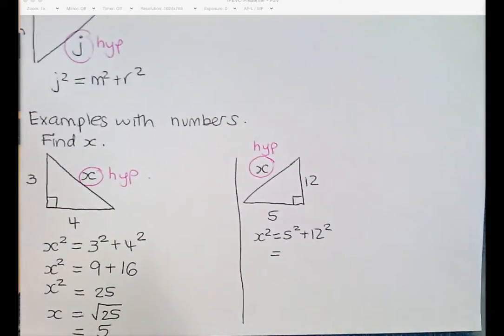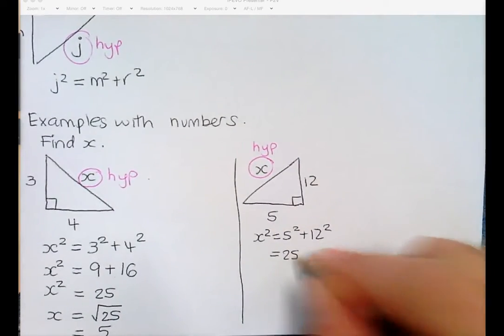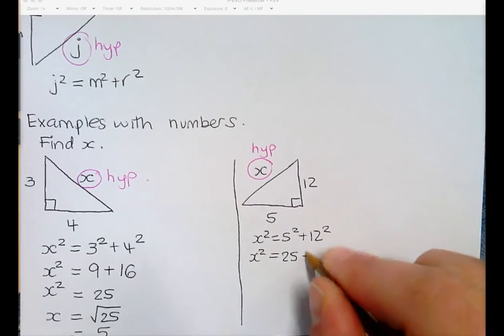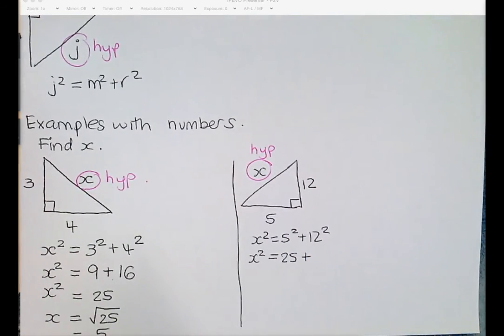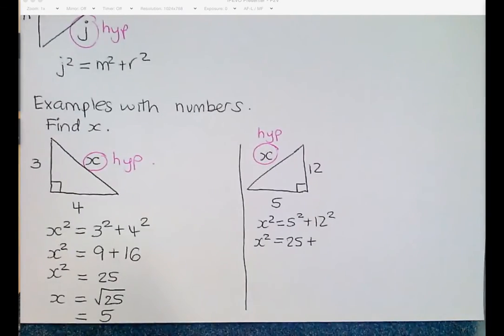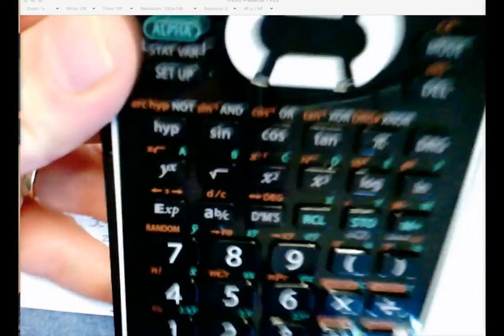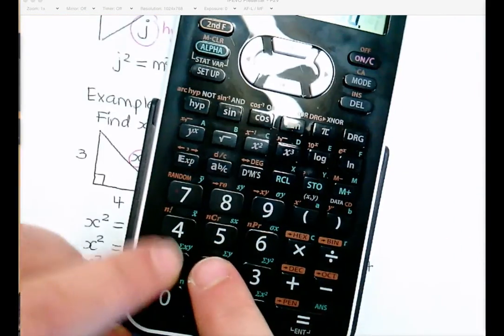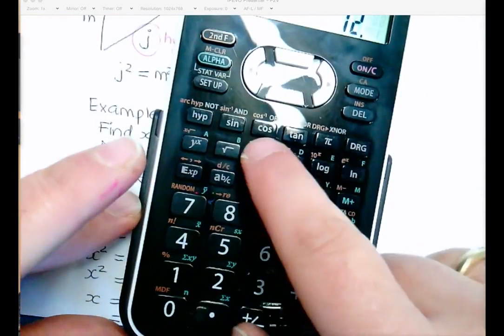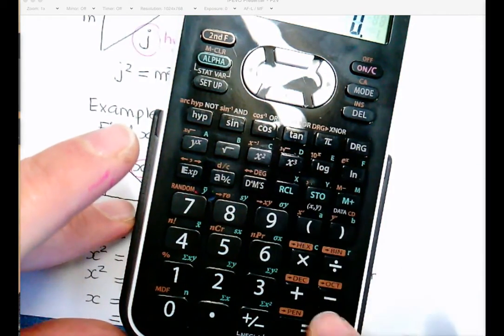Yes, it's 25, because 5 times 5. What's 12 squared? 12 squared is 144. Remembering where your squared button is, I can go 12, and there's the squared button, that one is 144.